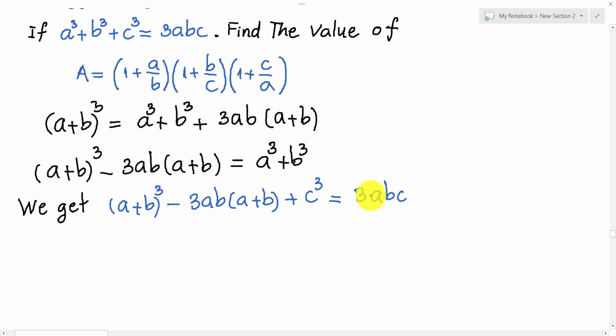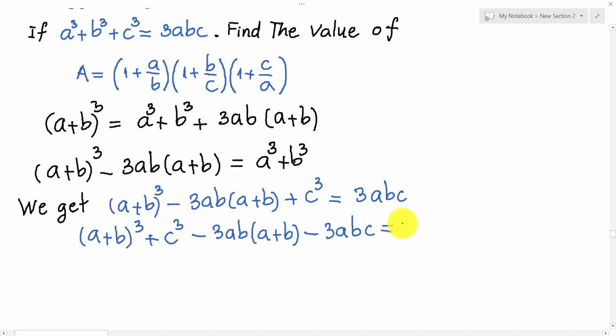Now I change 3abc from the right hand side to the left hand side. So I get (a plus b) power 3 plus c power 3 minus 3ab multiplied by (a plus b) minus 3abc equals 0.